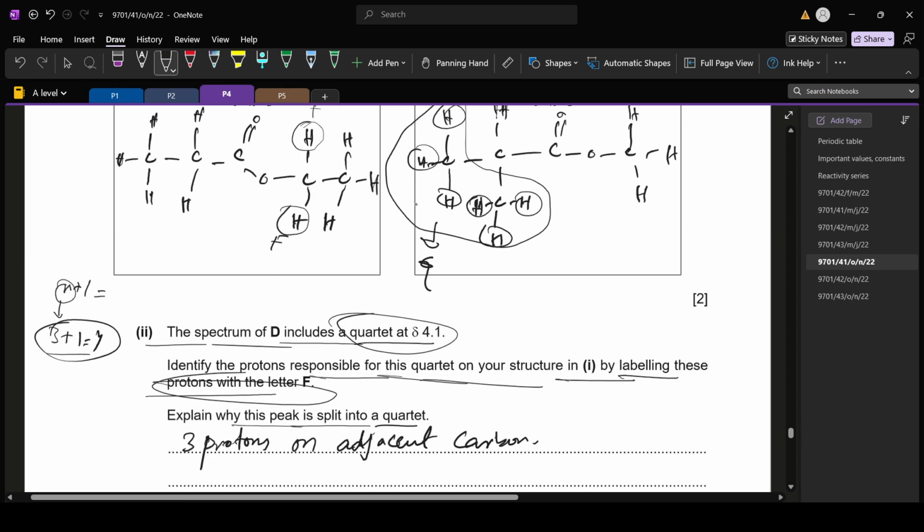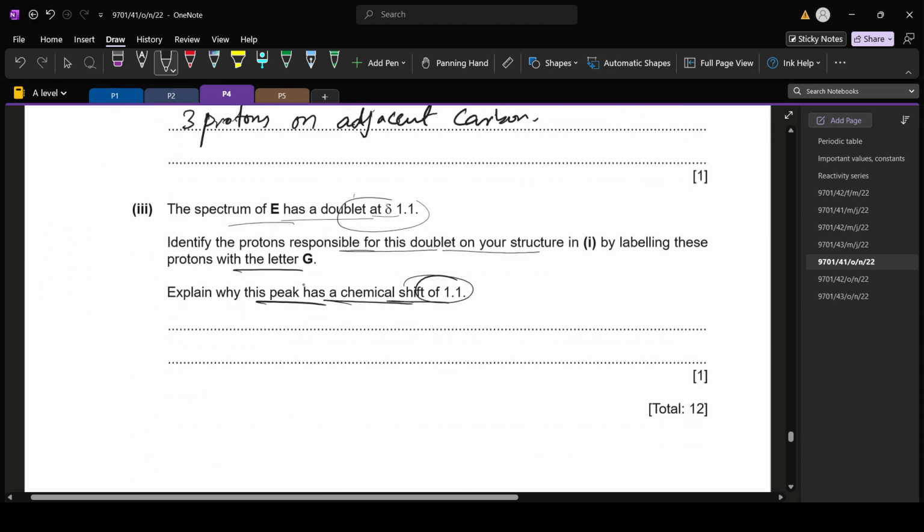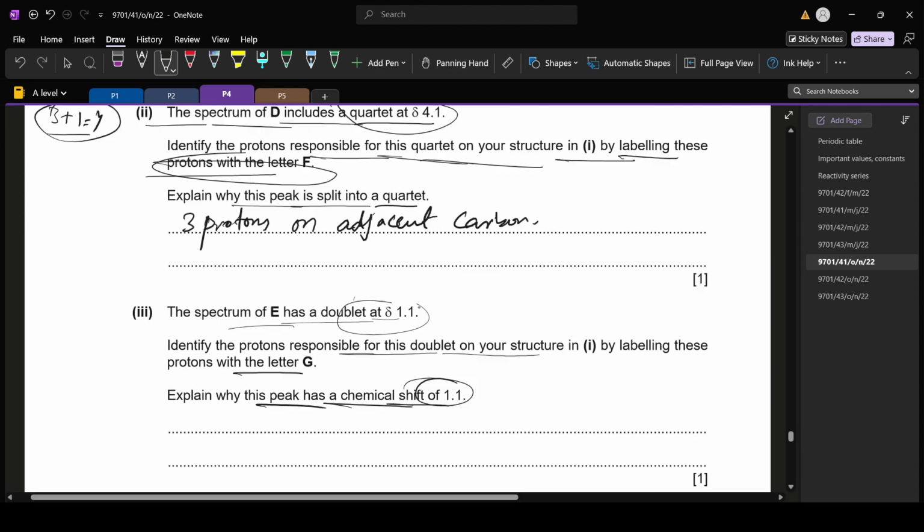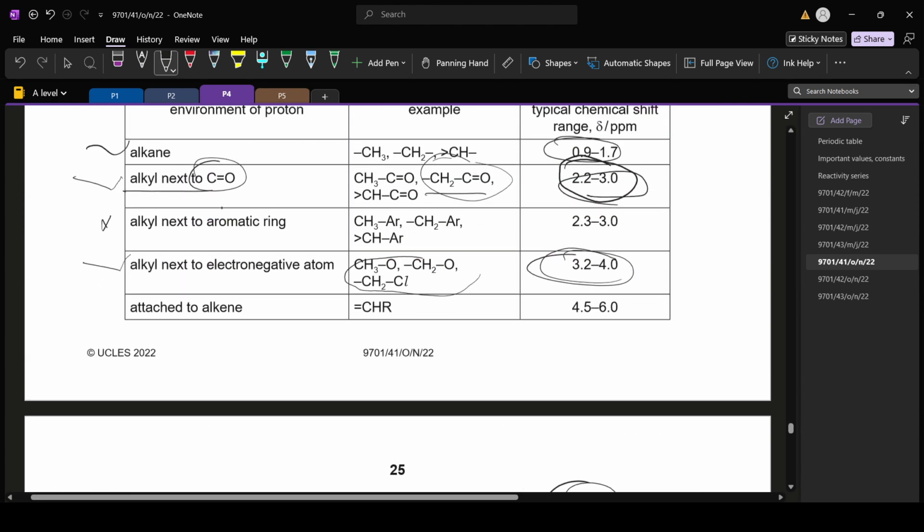Sorry, you have to explain why this peak has a chemical shift of 1.1. It is because this has an alkane environment.